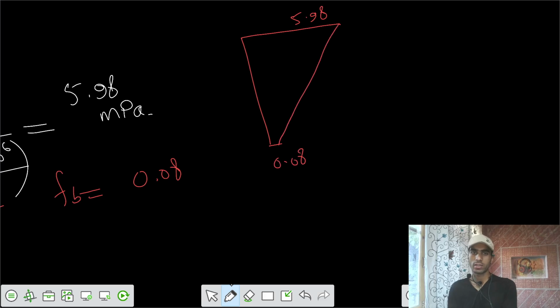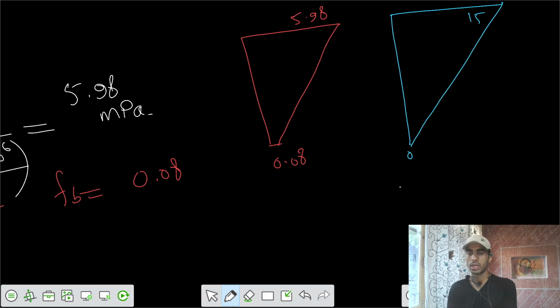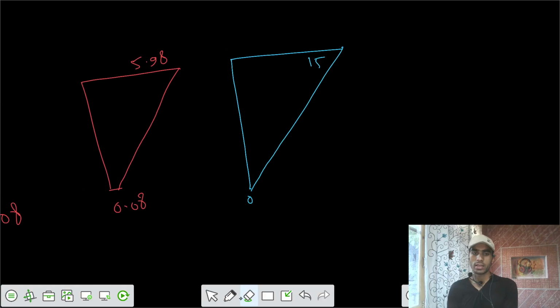So this is our final stress diagram, and the condition was that you should have a stress in compression as maximum we can take as 15, and in the tensile zone we can have either 0 value. So this was the ideal condition from the problem. It was saying that the tensile stresses should be greater or equal to 0. In this case the stresses in the tension zone are greater than 0, so satisfied here.